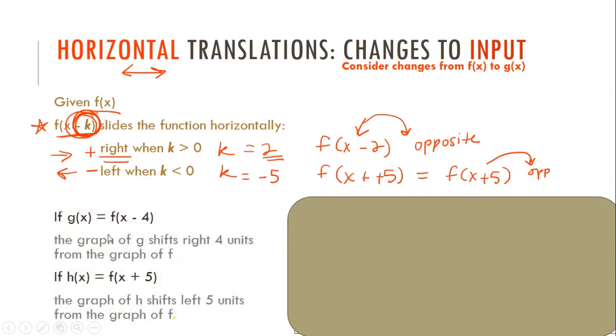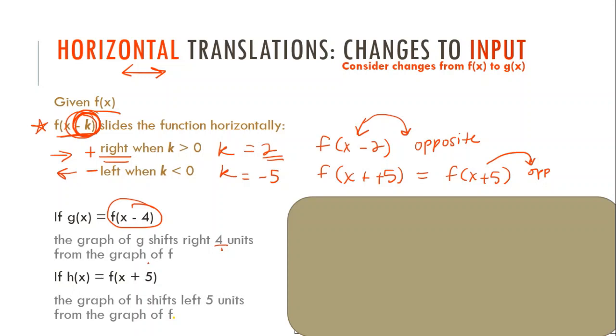Okay, so let's look at some examples here specifically. If I had the function g of x equals f of x minus 4, so I have this minus 4 here. Since it's a negative, that really means I'm moving right, because when I pull out that value, it's going to be a positive because the formula itself is negative.